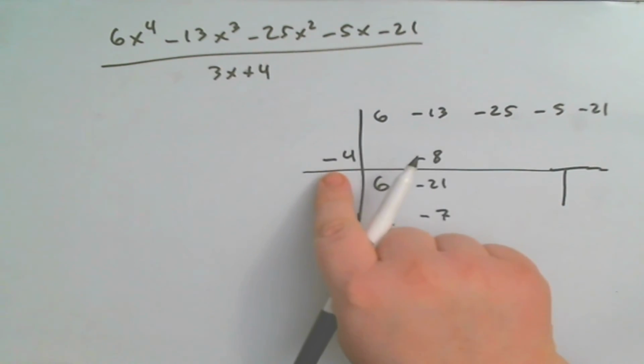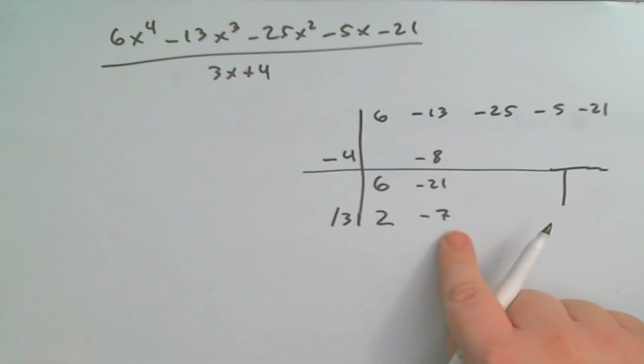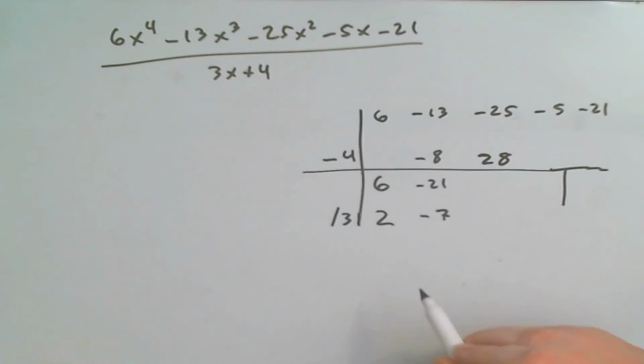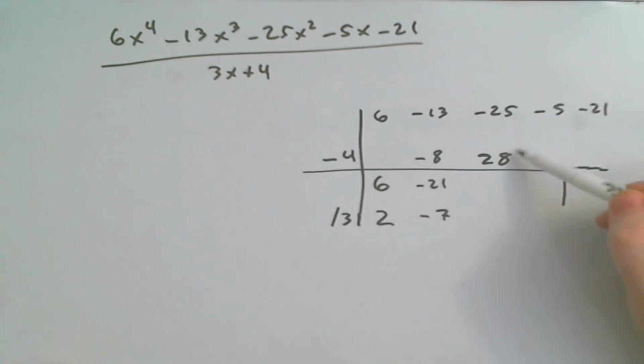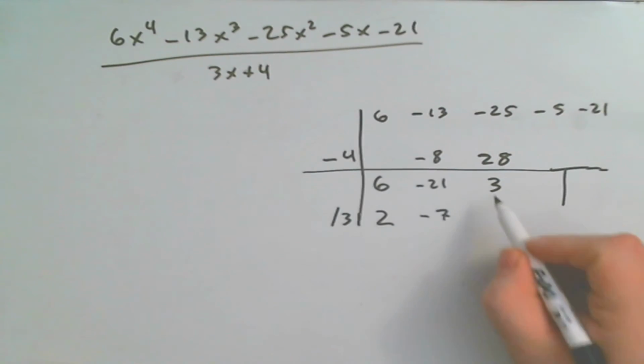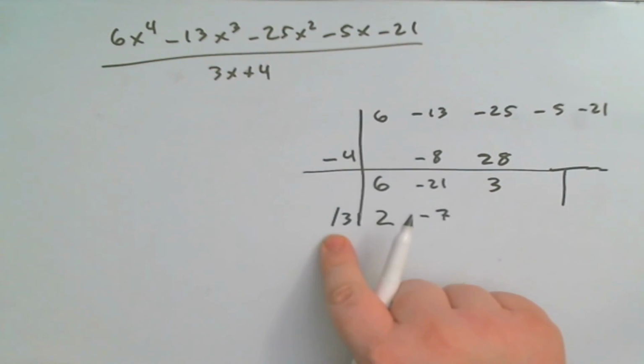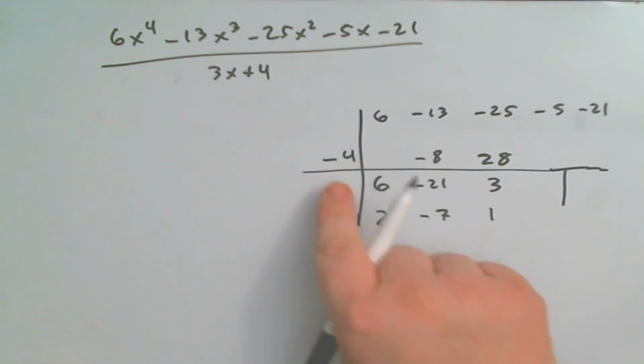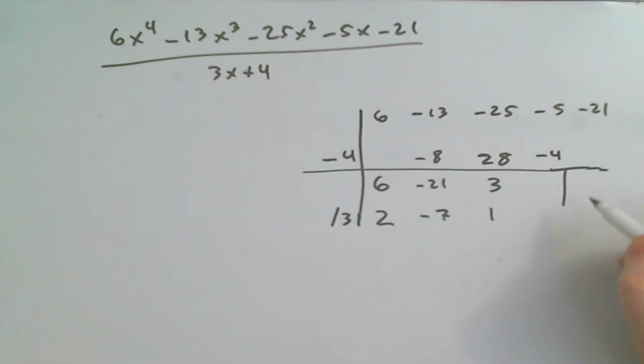Then we take the negative 4 here times the negative 7. We get positive 28. Then we add that column. Negative 25 plus 28 gives me a positive 3. Again, divide by 3. We get 1. Again, multiply. Negative 4 times 1 gives me negative 4.